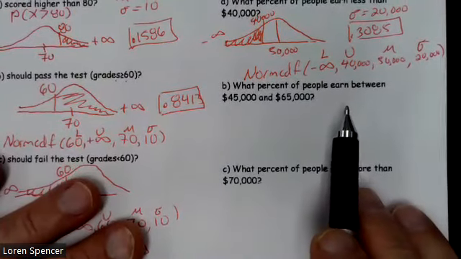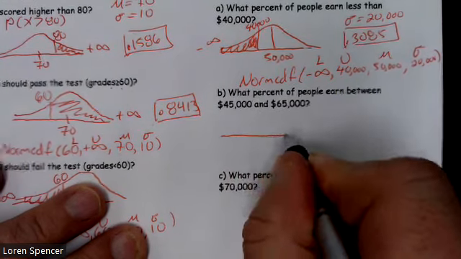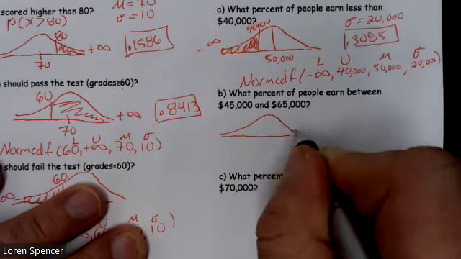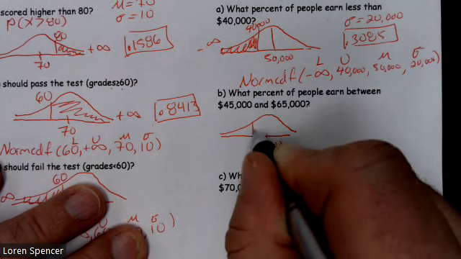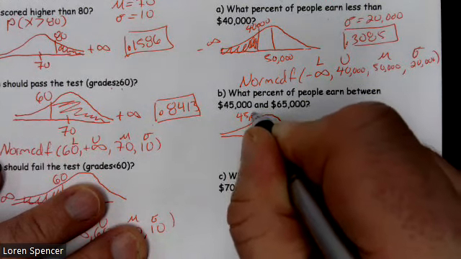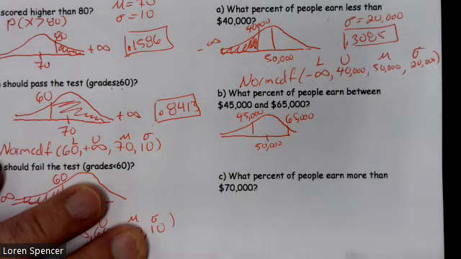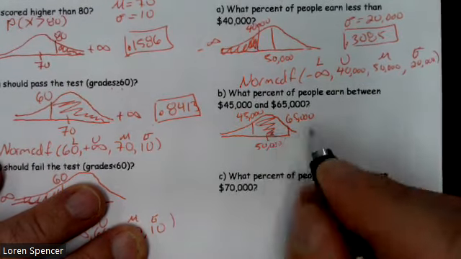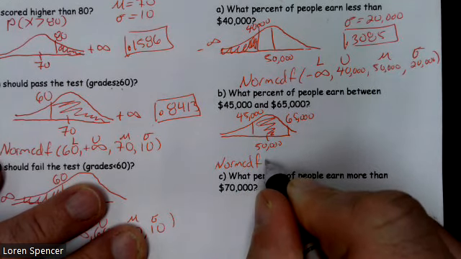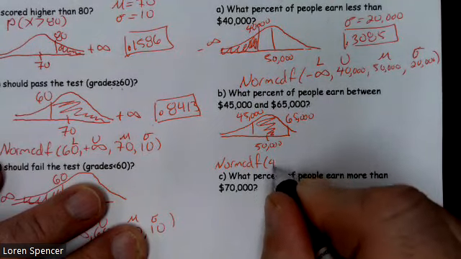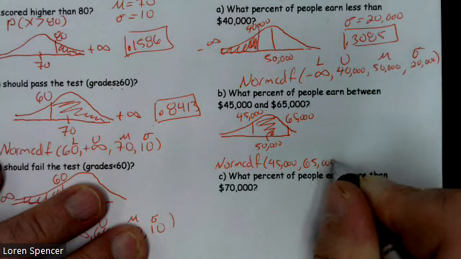What percent earn between 45 and 65? So our mean is 50,000. 45,000 is below it. 65,000 is above it. We're looking for this. So norm CDF. And 45,000. 65,000.